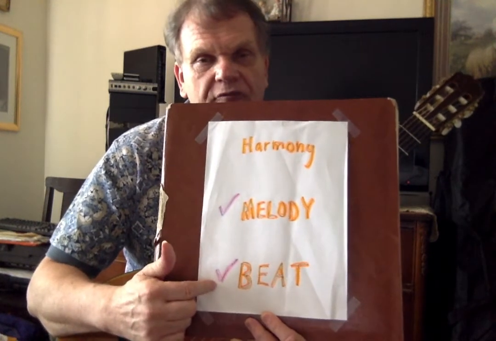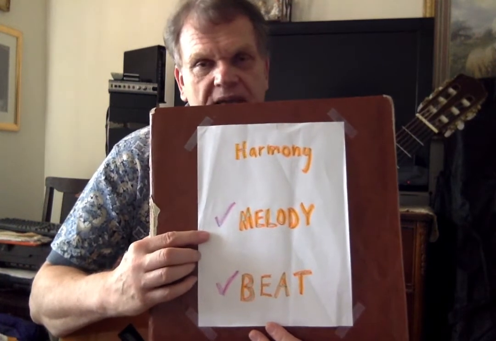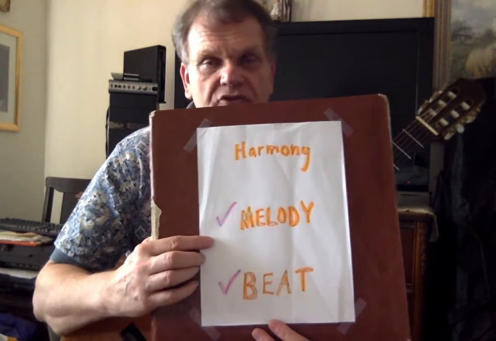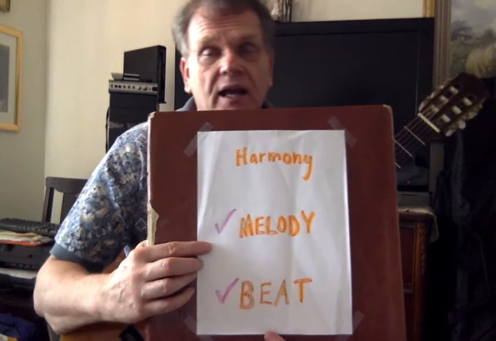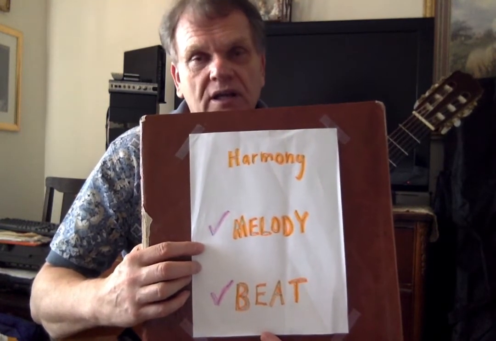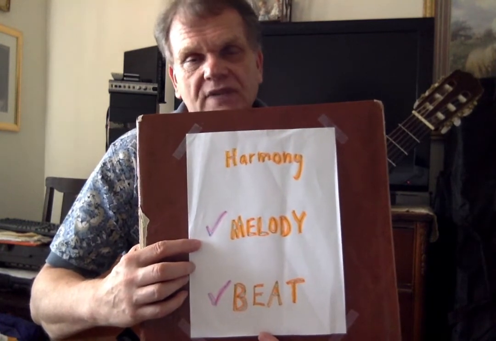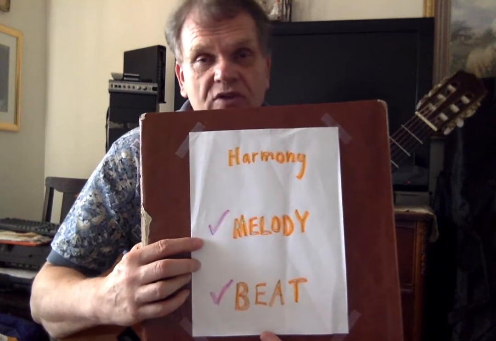After we left beat, we worked on melody. Melody is made up of notes that move by step, leap, or repeat. Once you have so many notes that do that, you want to create a musical sentence called a phrase. And once you have so many phrases, generally 4, very common, you create a musical paragraph called a section. You'll learn about paragraphs in second grade when you write stories.